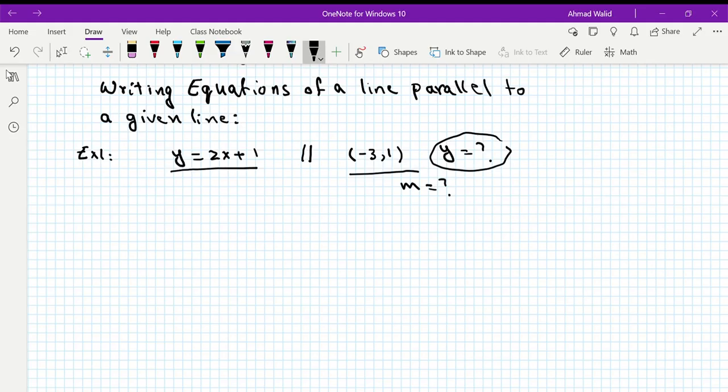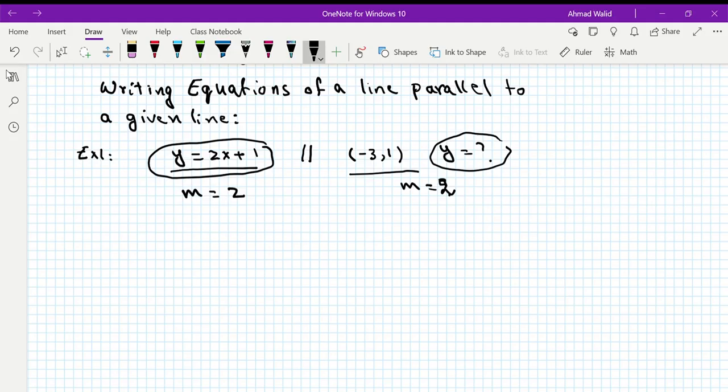Now, because the lines are parallel, and I just learned that the slope of this line, y equals 2x plus 1, which is 2, should be equal to the slope of the line I'm trying to write the equation for. The slope is also 2, because lines are parallel to each other.